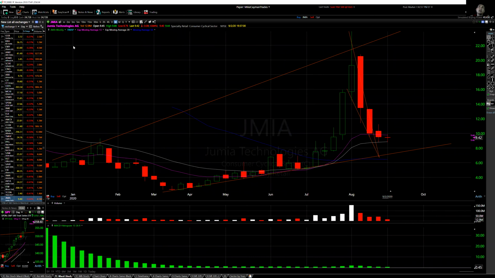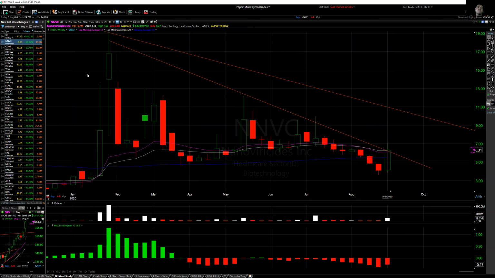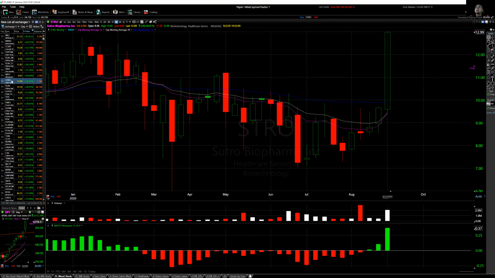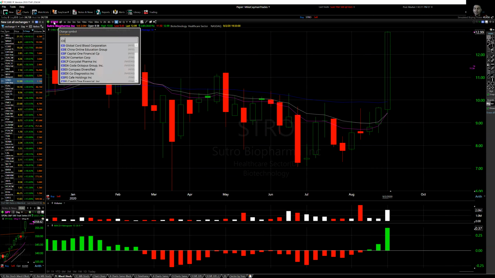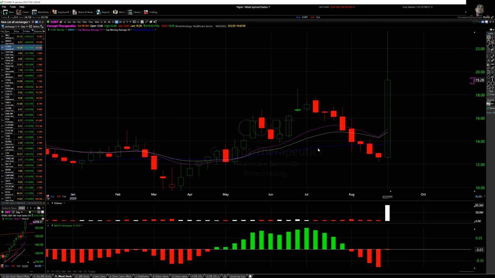Pretty much flat green. All right, so that's it pretty much for the MACD histogram. Can I think of any other good charts to show? The court today.